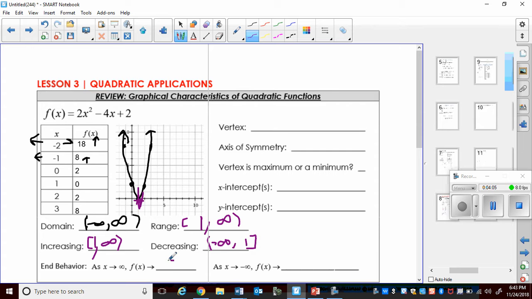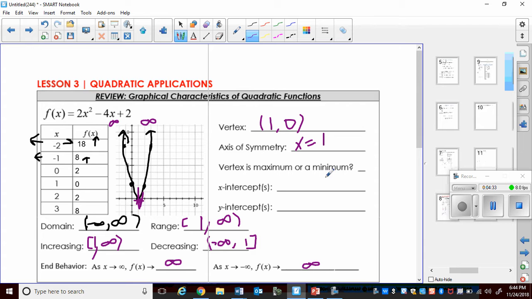Now, endpoints, it's the end behavior here. It's going towards positive infinity on both sides. So I'm going to put positive infinity. And the vertex is (1, 0). The axis of symmetry is x equals 1.